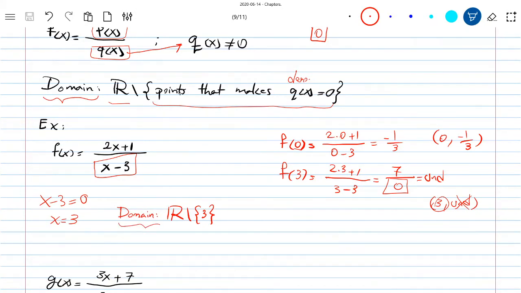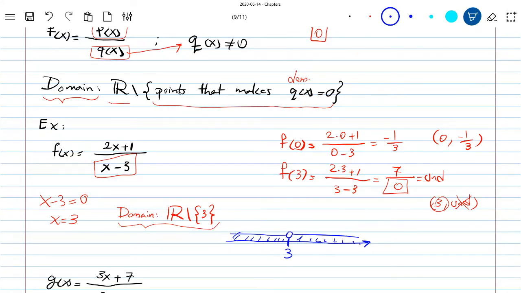Normally, this is what you would say, but in the book, they ask you to write the interval form. So how do you write this domain in interval form? You say all the real numbers are possible except 3, so I take out 3. Everything else is okay. I can pick any number except 3.